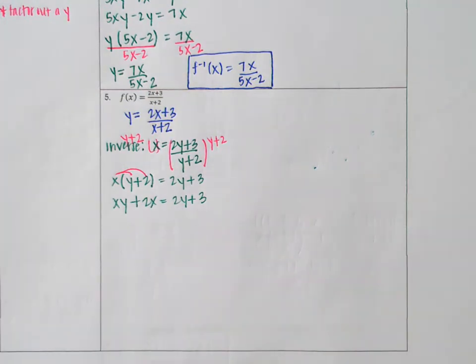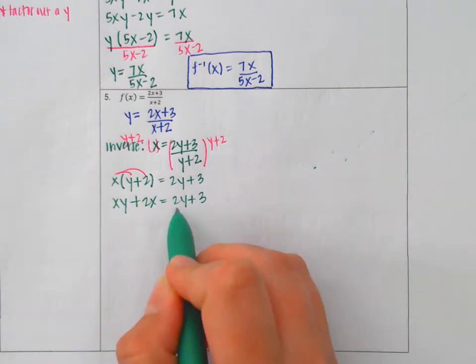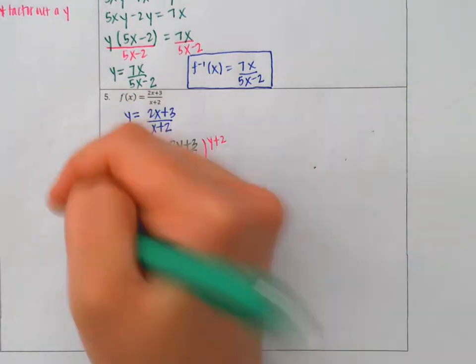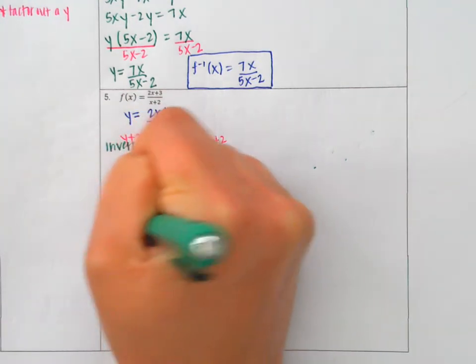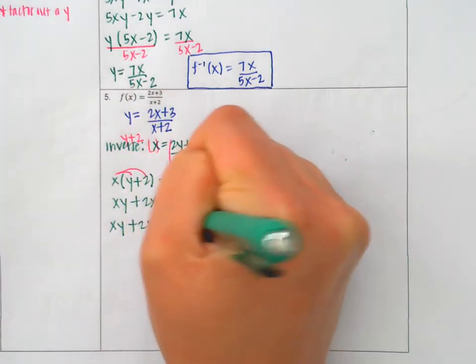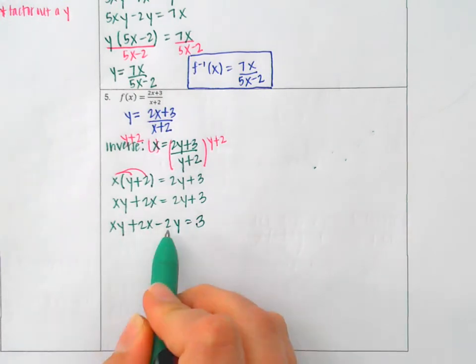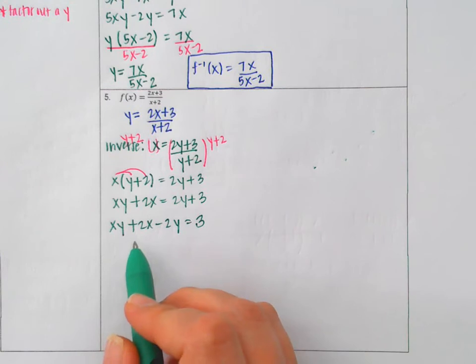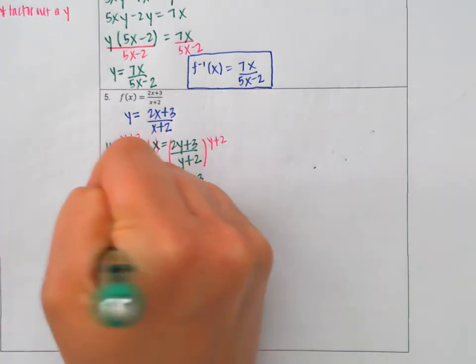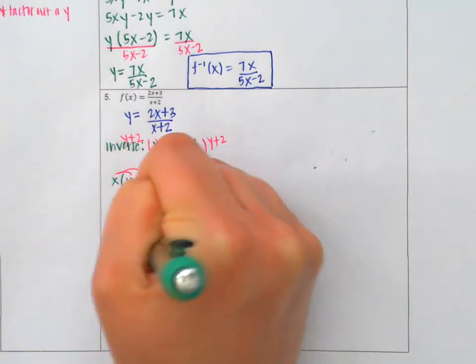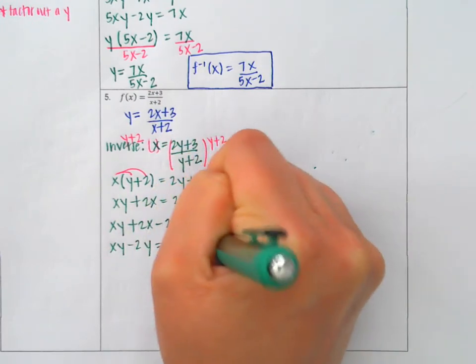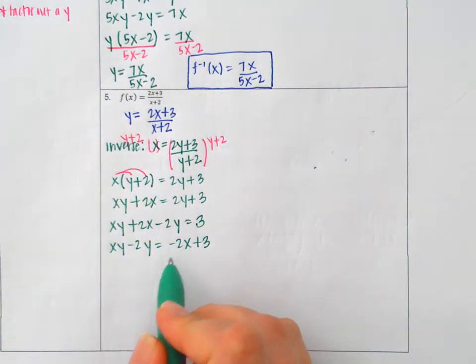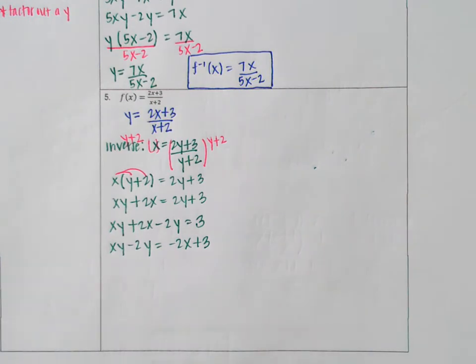Then I'm going to start by moving all my y terms to one side of the equation. So I'm going to move this 2y to the other side. And then anything that's not a y term, I'm going to move to the other side. So I'm going to move this 2x to the other side. If you have 3 minus 2x, that's fine. I just prefer to have the x terms first and then the numbers. That's standard form, right?